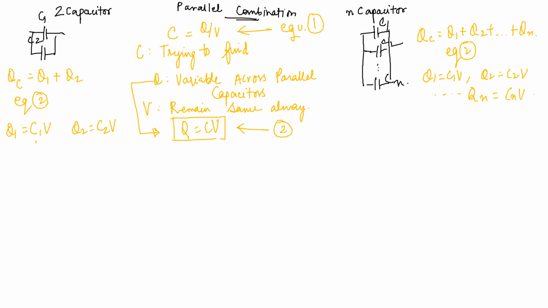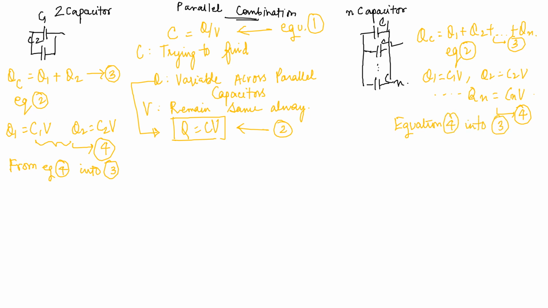Now we will take these as equation number 4 and this as equation number 3, substituting the value from 4 into 3. What we will get is Q combination equals C1V plus C2V.